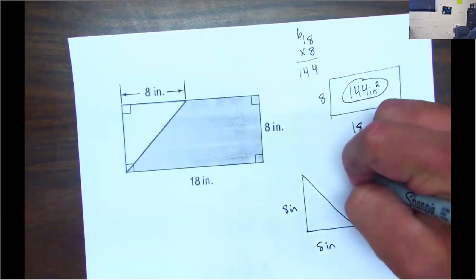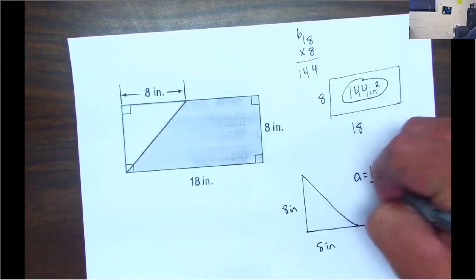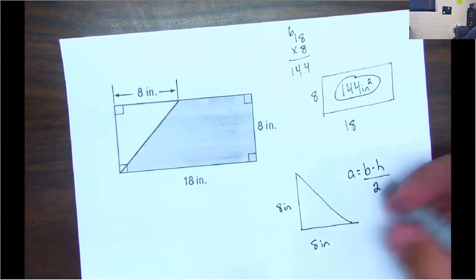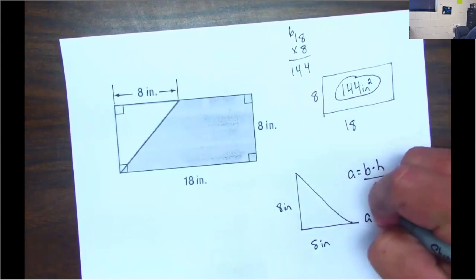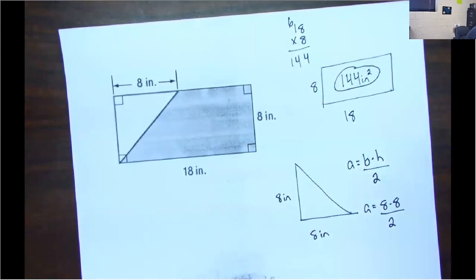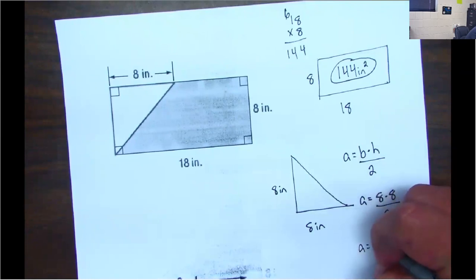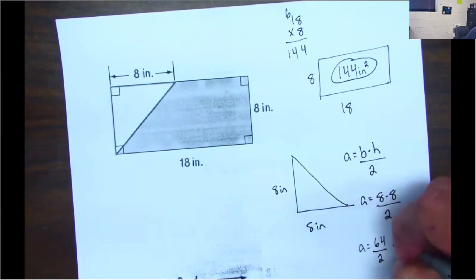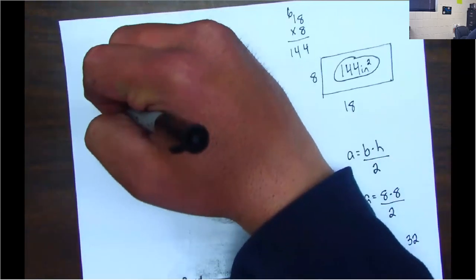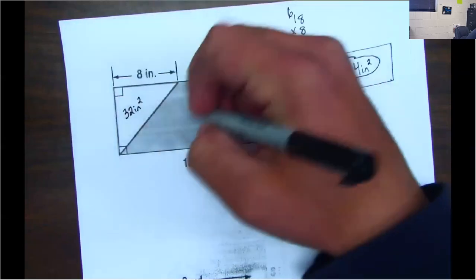Now, guys, the formula for a triangle is base times height divided by 2. So 8 times 8, whatever we get there, we're going to divide by 2. Well, 8 times 8 is 64. 64 divided by 2 is 32. So your triangle is 32 inches squared.